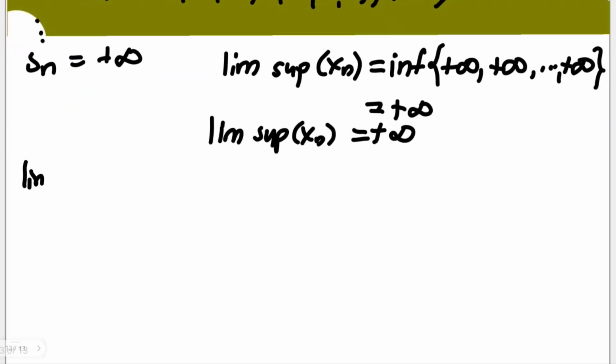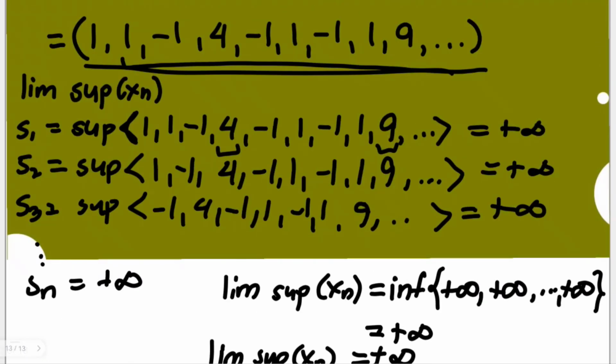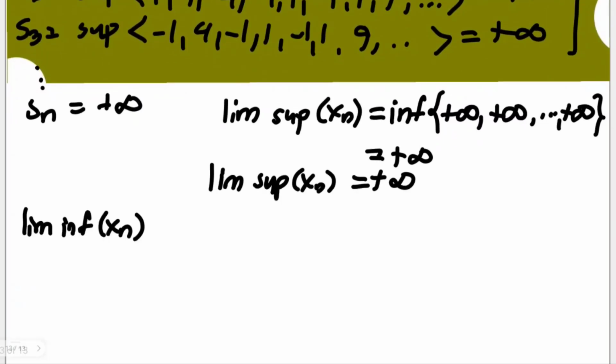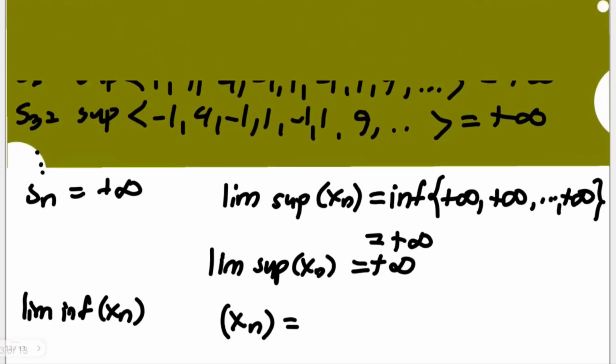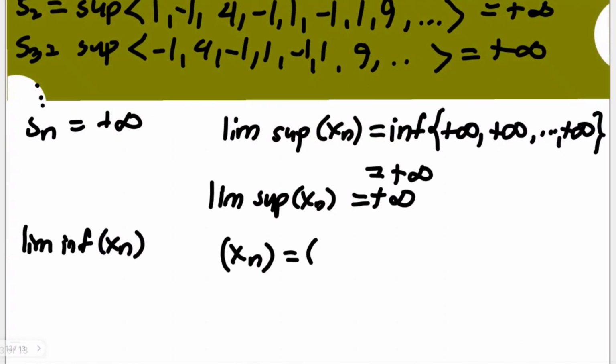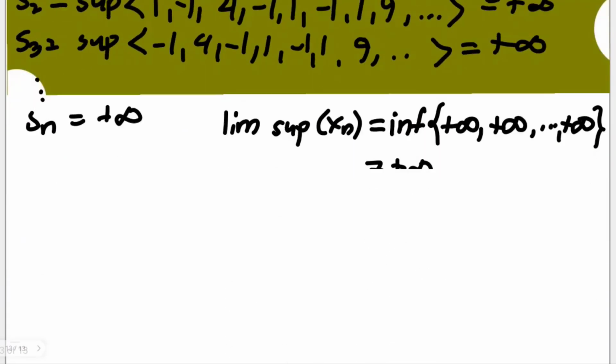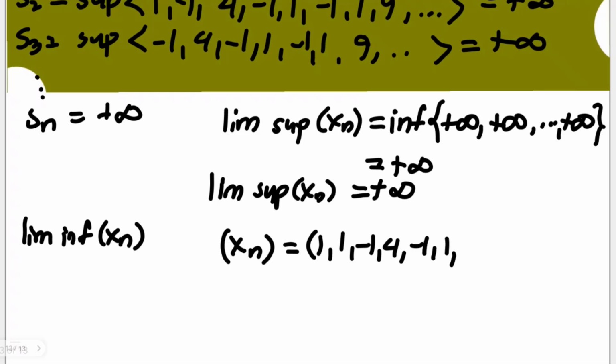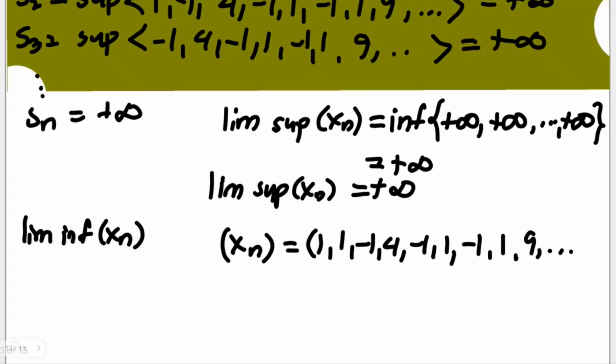As for the limit inferior of your x sub n, it's the supremum of the infimum of that. Okay, so let me rewrite here the elements of x sub n, just to be guided. Sorry for that. So you will have here x sub n: 1, 1, -1, 4, next is -1, 1, -1, 1, 9, and so on and so forth.